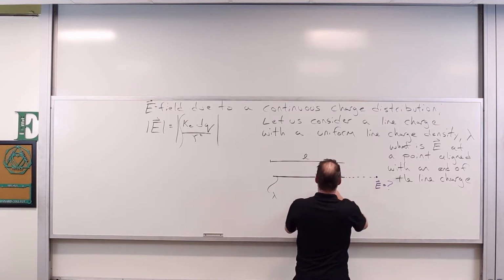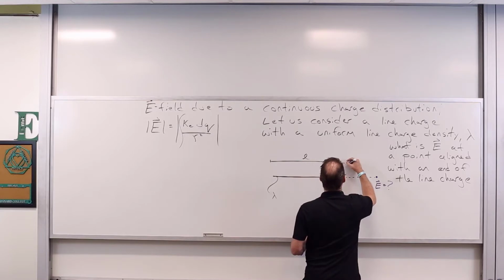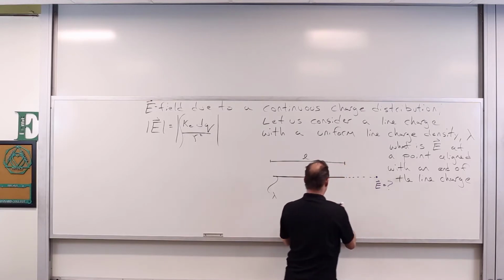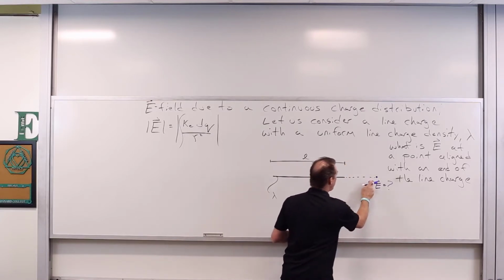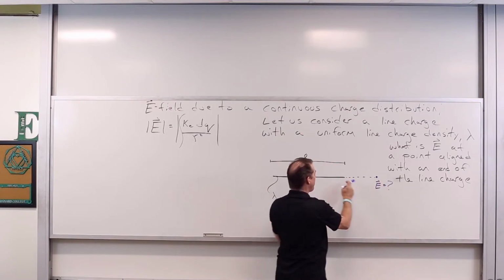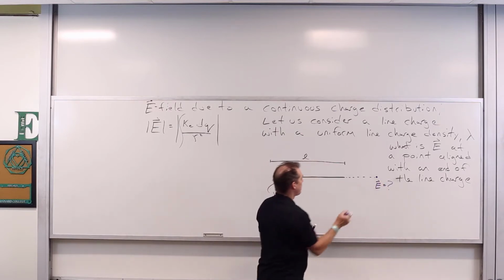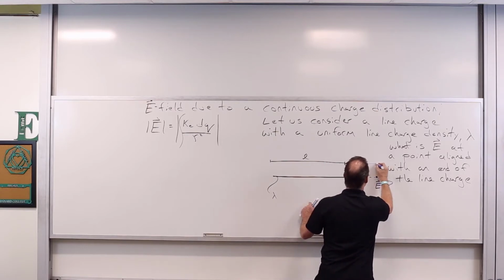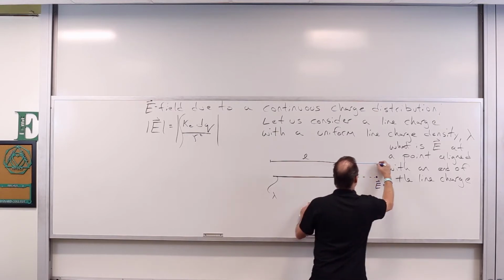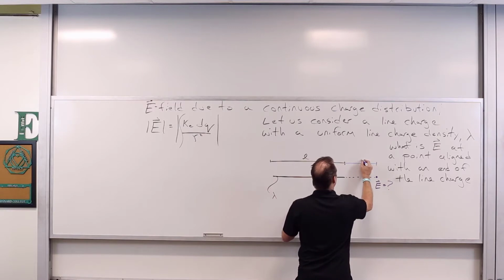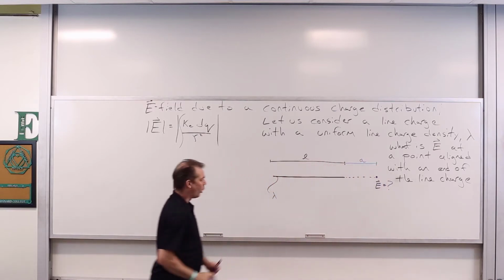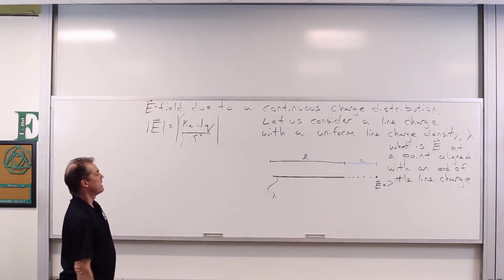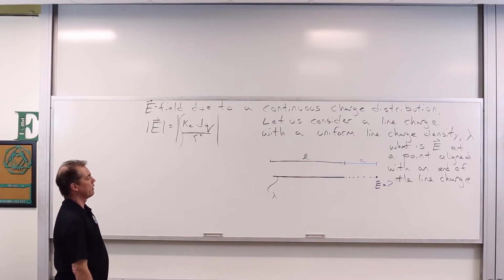So we've got the length of this line charge. It's some length L, that's great. And that terminates there. And then we have that this point is some distance away from this end. So we could put that in as some distance away from the end. And that's where we want to determine what is the electric field.